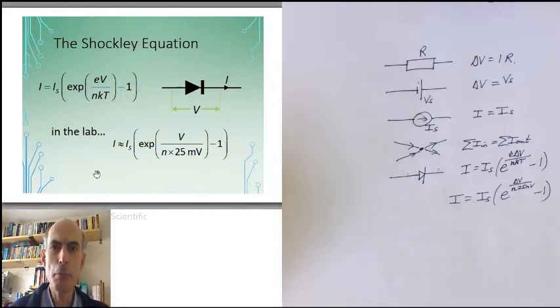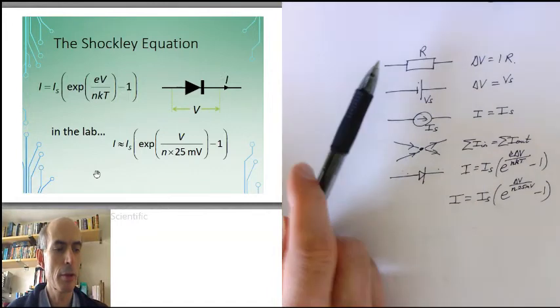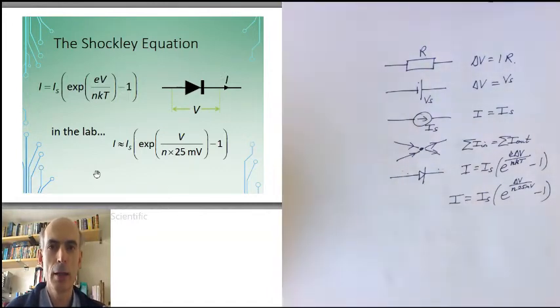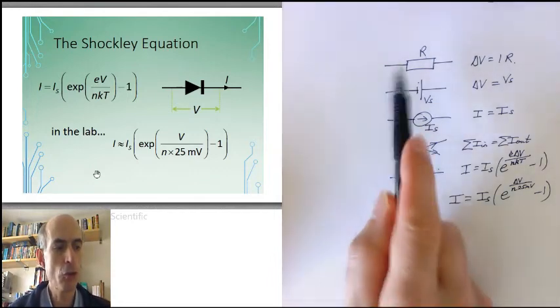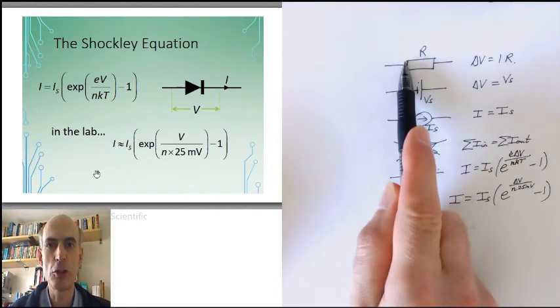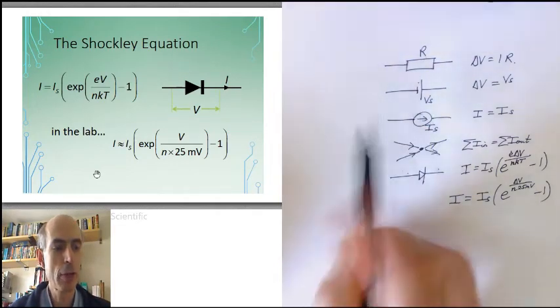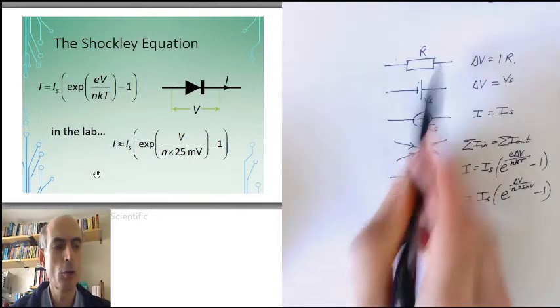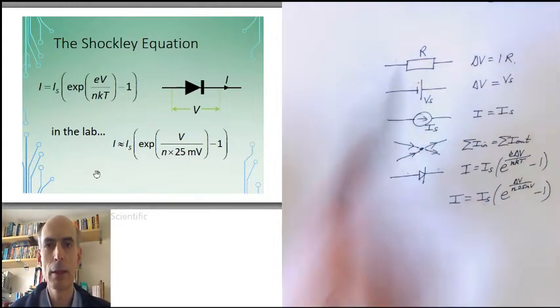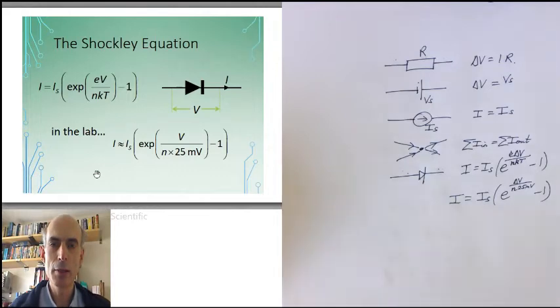Now, the problem with all of these equations, but in particular with Ohm's law, is you have to be absolutely clear what the direction of the current is and what the difference between the voltages is, in the sense of, is it this voltage minus this one, or is it this voltage minus this one, to get the directions correct. That's probably the thing that goes wrong first for anybody who's starting off with circuit analysis.